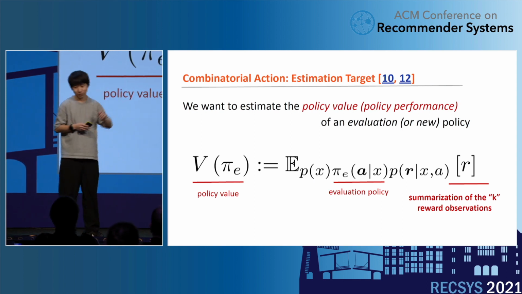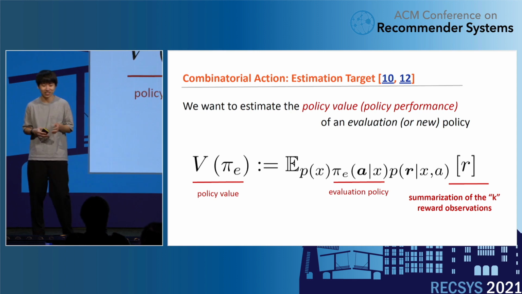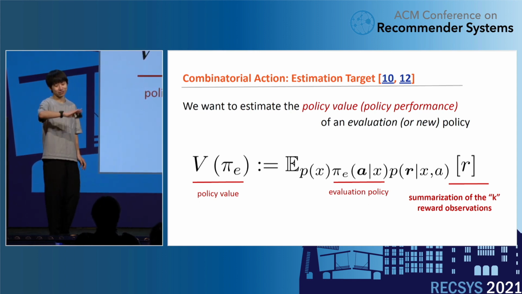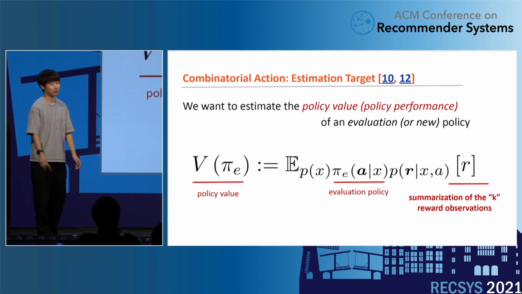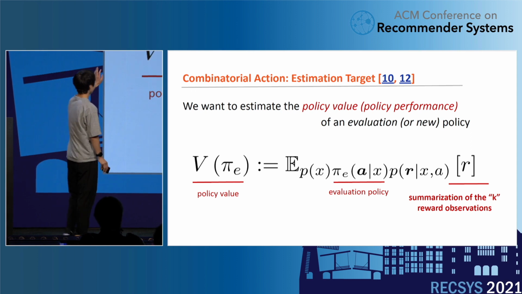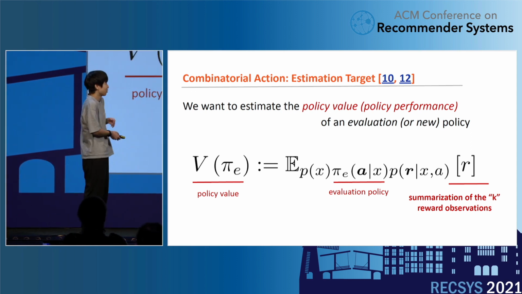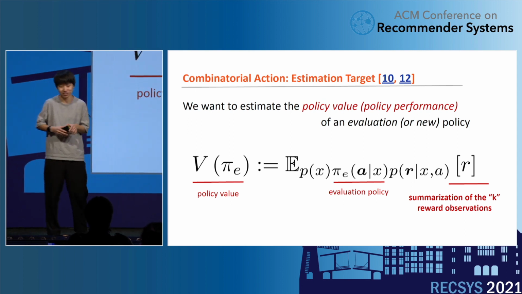So let me also check what's going to be the estimation target, or estimand, here. I think it's always very important to clearly define the estimation target and the estimate when we do a statistical estimation problem. So here we want to estimate the policy value, or policy performance, of an unseen evaluation policy, a new policy, right? This is the same motivation as standard off-policy evaluation, of course.